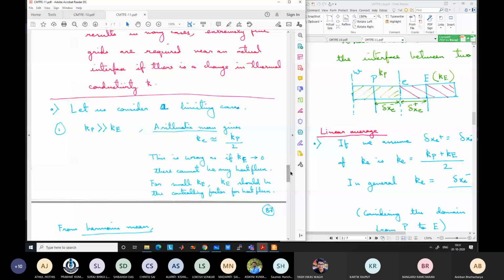So what should be the expected heat flux if I put a temperature difference, say 100 degrees on one side and 0 degrees on the other side? What should be the heat flux from this hot end to the cold end? You can assume that this is like a ladle or a spoon with a wooden handle.